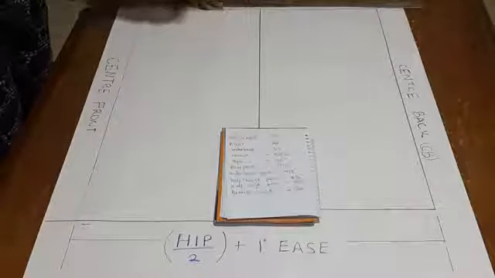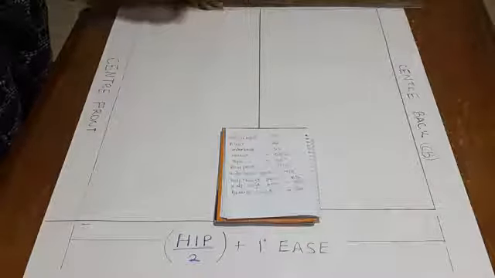The formula that we use to input a unique neck size per size is bust divided by 8 plus 1 inch. The bust we are working with is 36 inches. 36 divided by 8 gives us 4.5, plus 1 inch gives us 5.5.